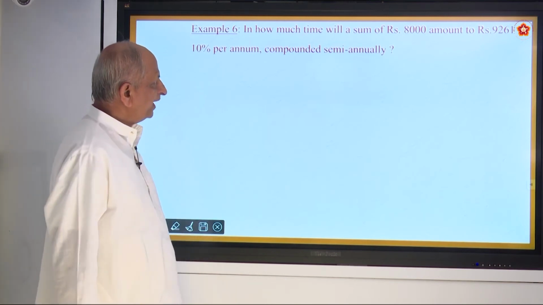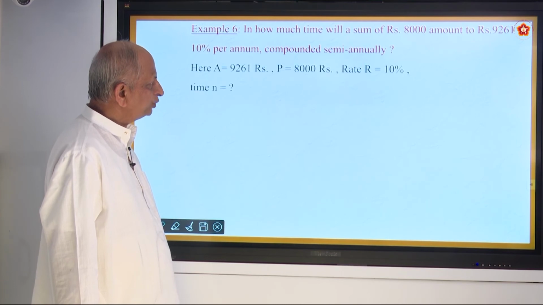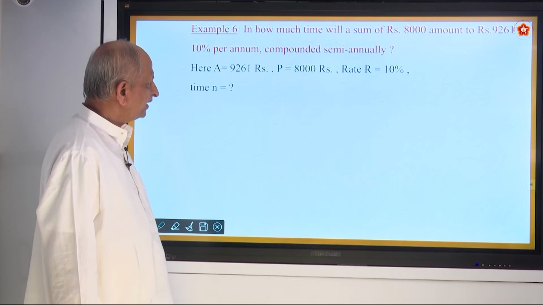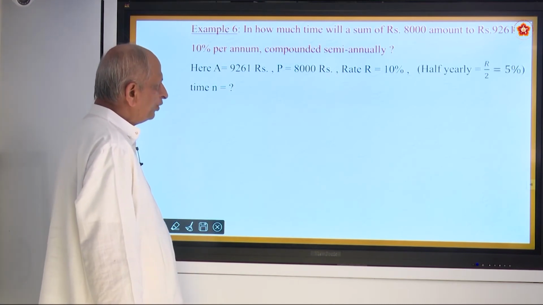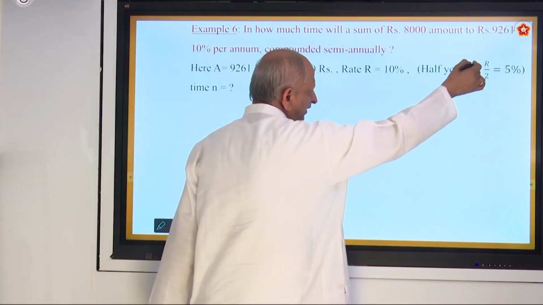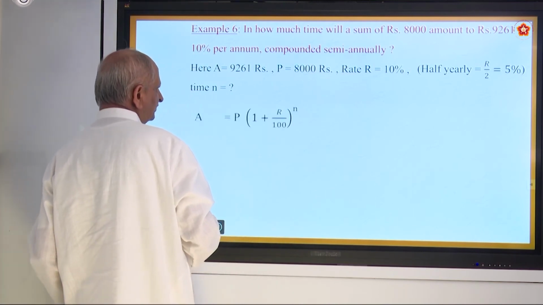In how much time will a sum of rupees 8000 amount to 9261 at 10% per annum compounded semi-annually? So amount is given. As it is semi-annually, meaning half yearly, rate must be 10 by 2, that is 5. They are asking n.